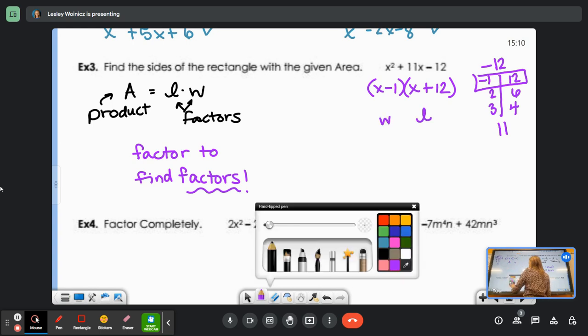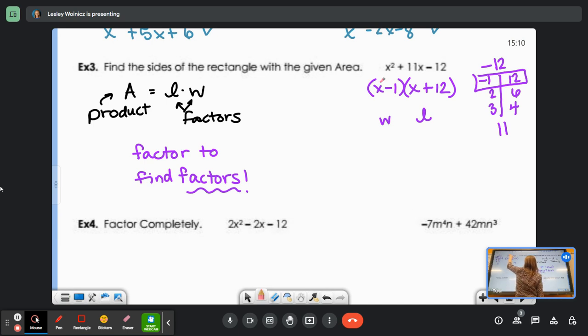And we can even check our work by distributing. X times x is x squared. X times 12 is 12x. -1 times x is -x. And -1 times 12 is -12. Combine our like terms and we get x squared plus 11x minus 12 for our area.